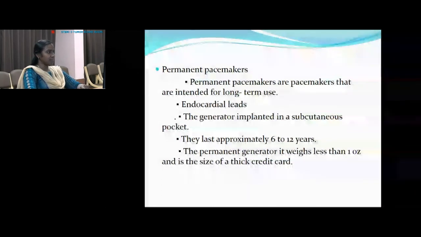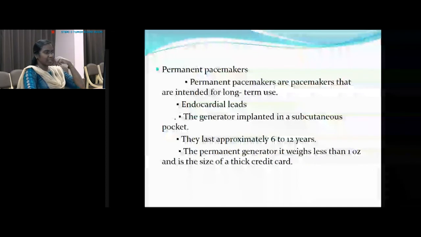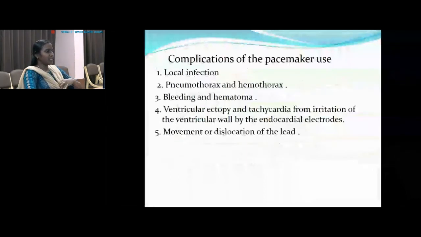Complications of pacemaker use are very important for healthcare workers, either medical or nursing people, to know. We must teach the patient who has had the pacemaker implanted. Local infection is the most common one, and pneumothorax and hemothorax can occur, bleeding, hematoma formation, and ventricular ectopy and tachycardia from irritation of the ventricular wall by the endocardial electrodes.